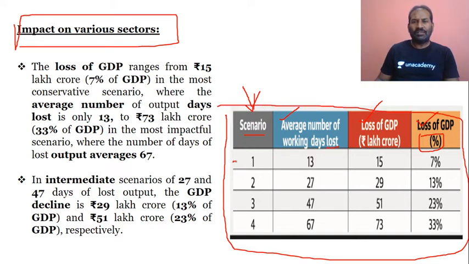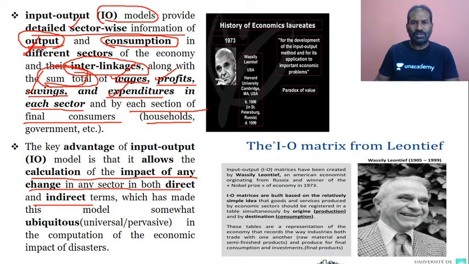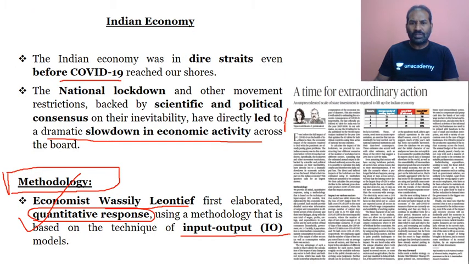The first scenario we will look at is based on two authors, two experts who have put their report in this tabular format, and this will really help you as a civil servant aspirant. That is why it says a time for extraordinary action.